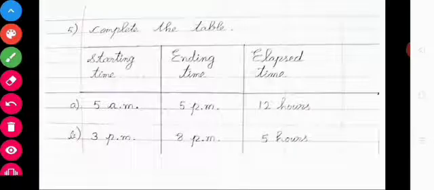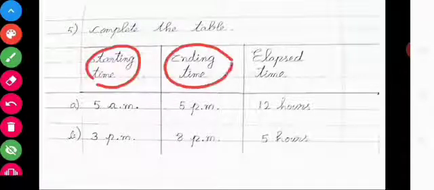See the next one. Complete the table. Starting time and ending time are given.